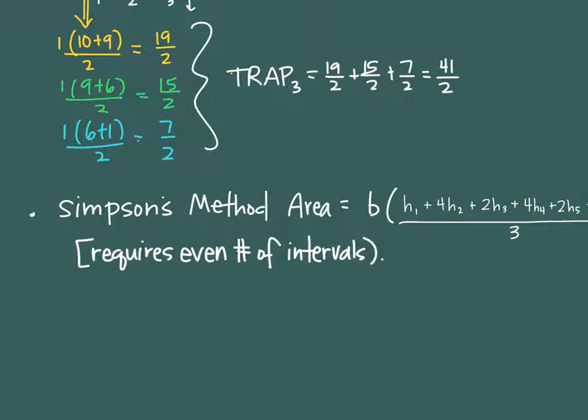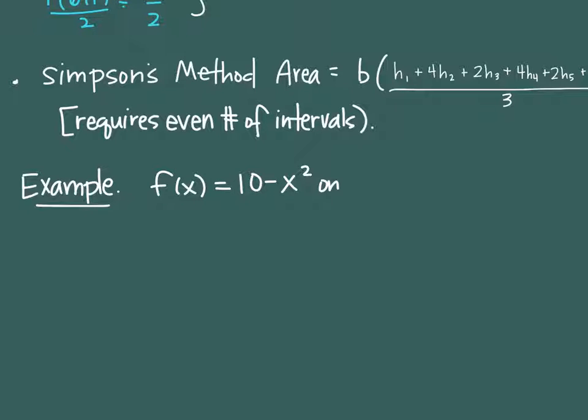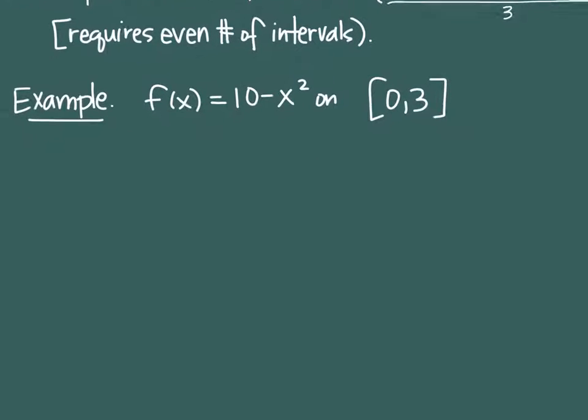So we're going to do the same problem, but we're going to make sure that we have an even number of intervals. So our example is still going to be f of x being 10 minus x squared, and it's still going to be on 0 to 3, but we need to have an even number of intervals for paraboloids to work.